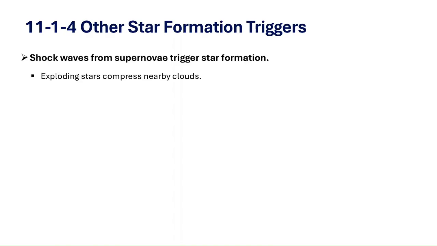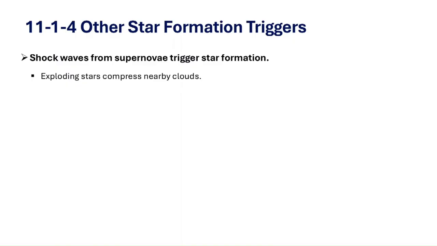So now we just saw how shock waves can push a cloud over the edge to form stars. But star formation doesn't just happen from one source. It can be triggered in several ways across a cloud or even a whole nebula. Now, as we discussed before, when a massive star reaches the end of its life, it explodes as a supernova.